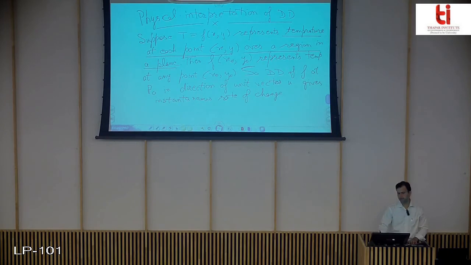If I find the directional derivative of f, that is representing a temperature distribution, at point p naught in the direction of unit vector, then it will give me the instantaneous rate of change of temperature at point p naught when I step off in the direction of u. That is, from point p naught, if I step off in the direction of unit vector u, then what is the rate of change going to be? So that is the physical interpretation of directional derivative.